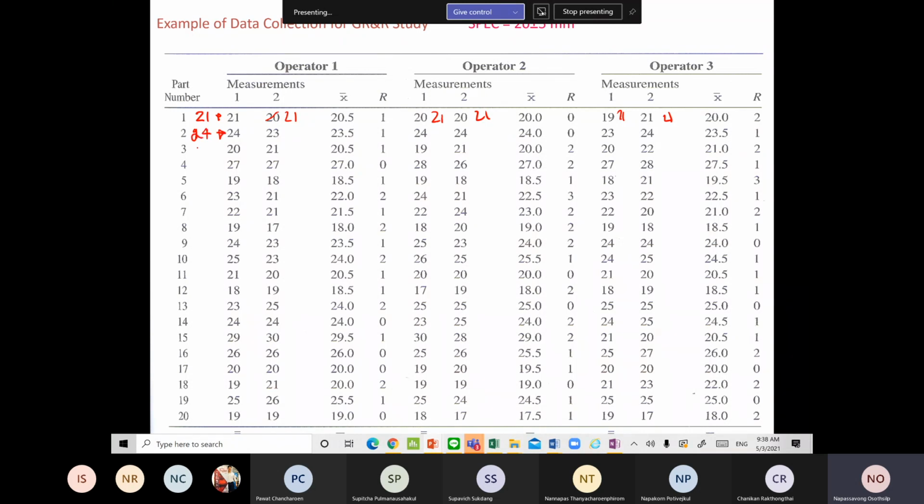Part number 3 is all 20, for example. If the numbers are the same for each row, that means they are the same for each operator across the 2 times. But there is a difference along the column of the part. So what is the cause, or the source, of this variation?